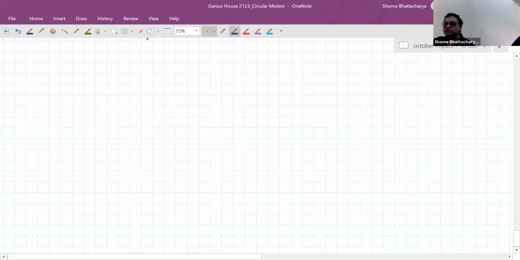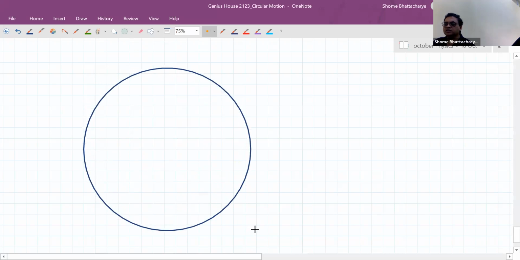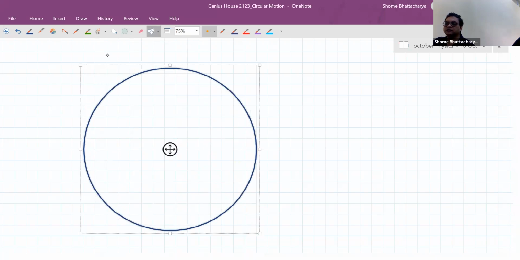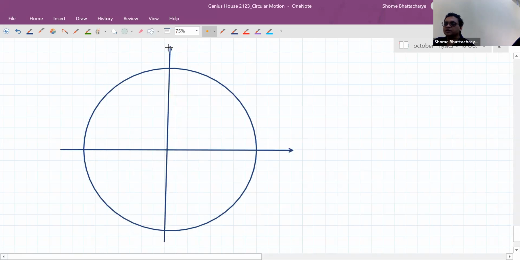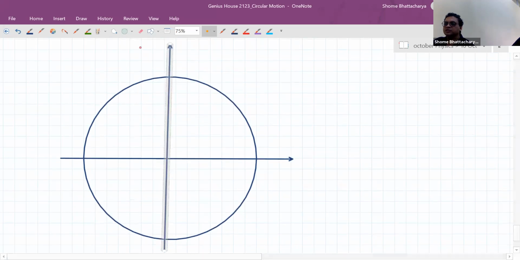Right, so coming back to this, now let's just visualize this in the diagram. Again, just to repeat, this is our circular path. At some instant, the particle is located at a position like this.